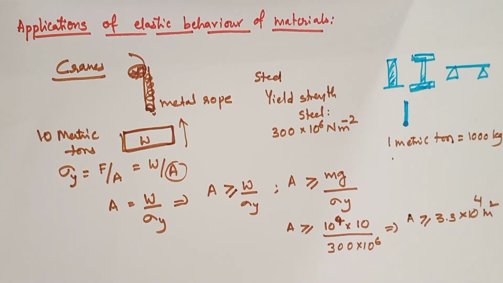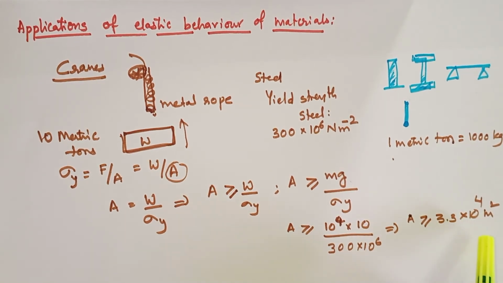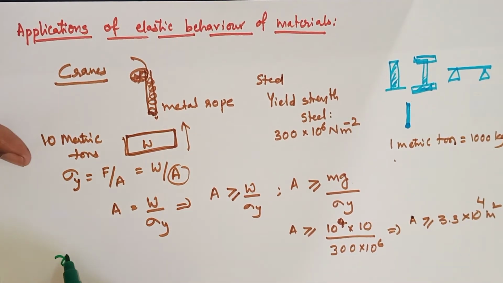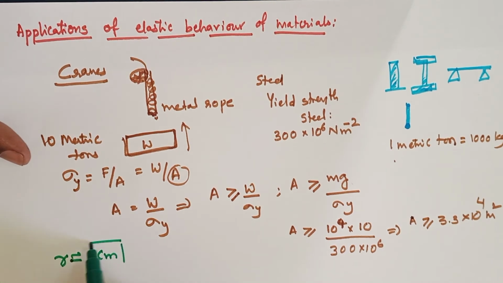What is the corresponding radius of the wire? If you choose the cross sectional area 3.3 into 10 power minus 4 meter square, the radius is approximately 1 centimeter.